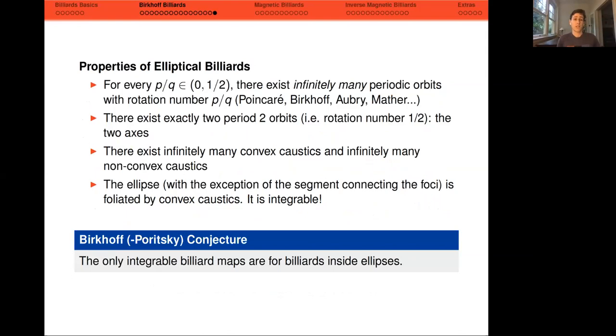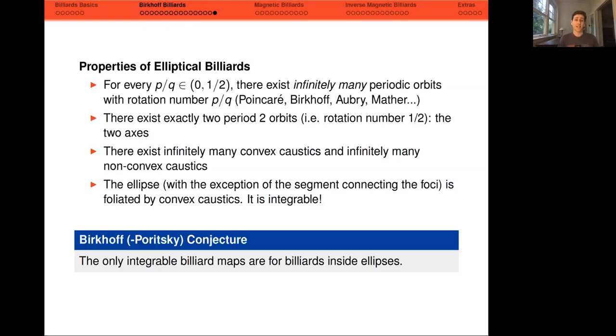We talked about this in the circular case, but it's also true in the elliptical case that for every rational p over q in the open interval from 0 to 1/2, there are infinitely many periodic orbits with rotation number p over q. This can be seen as a corollary of theorems of Poincaré, Birkhoff, Aubry-Mather, and a handful of others in various settings.